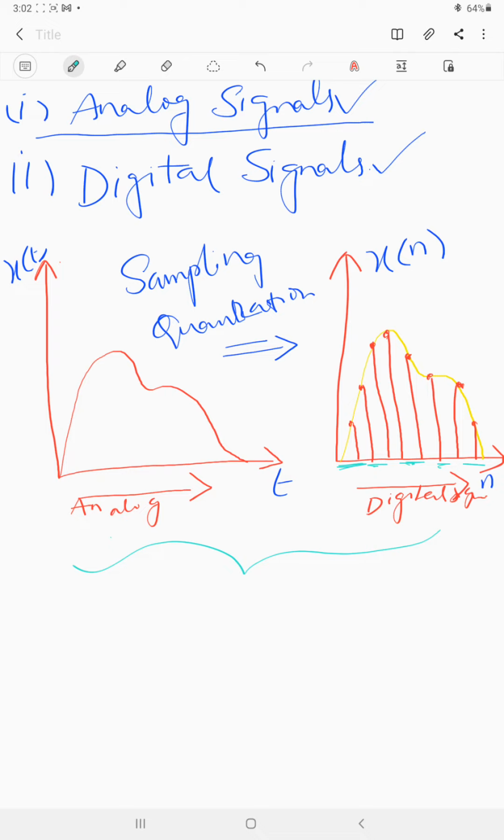For converting an analog signal to a digital signal by using sampling and quantization, we are converting both signals. Once the discrete signal is obtained, the signal is converted into digital.